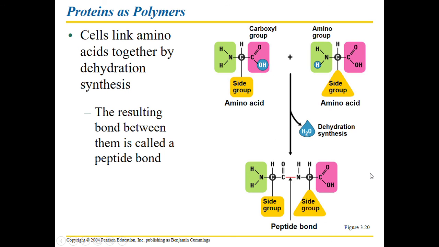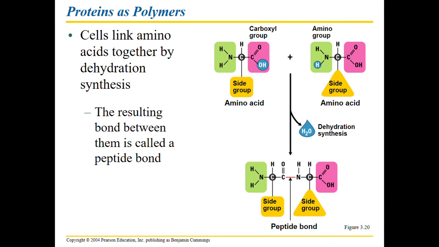All right, proteins as polymers. So just like in the others, you take monomers and you put them together with dehydration synthesis. So take oxygen out to put these different amino acids together. In proteins, this bond has a different name. We don't just call it a chain.